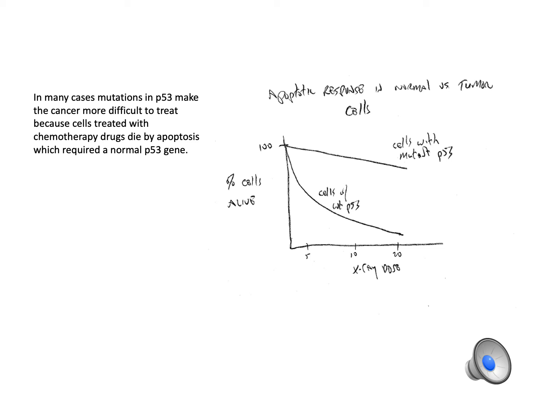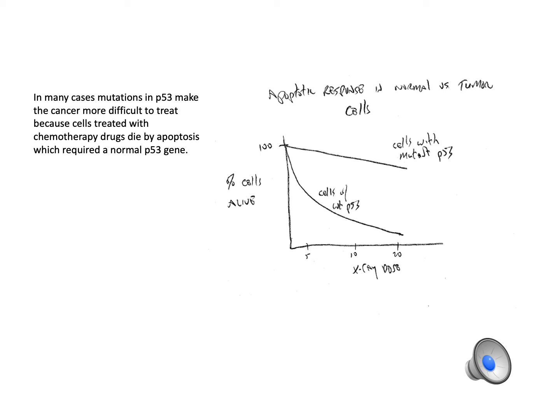And in many cases, when these cancer cells are treated with these agents, the reason why they're killed by these chemotherapeutic agents is due to their ability to undergo apoptosis. So when they're treated with these agents, the cells die in many cases, not all cases, due to apoptosis.